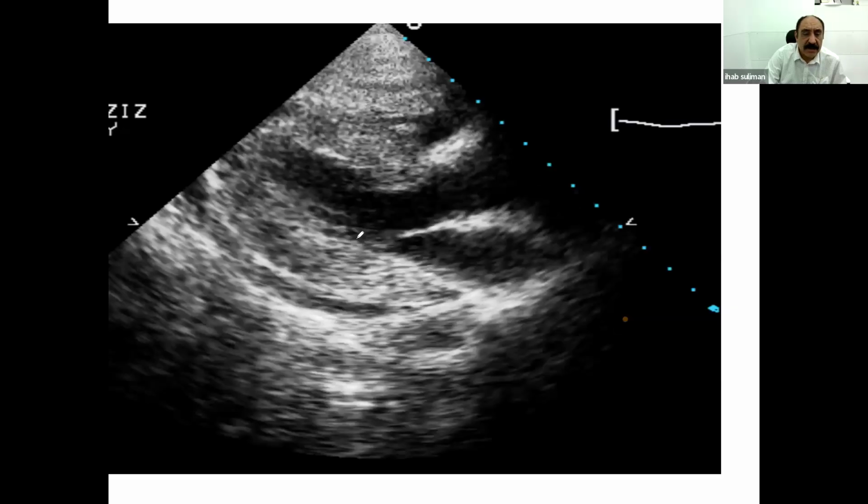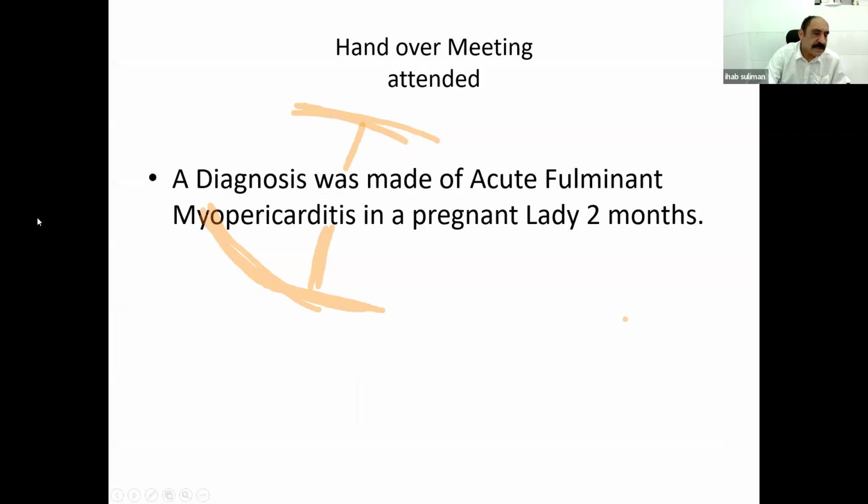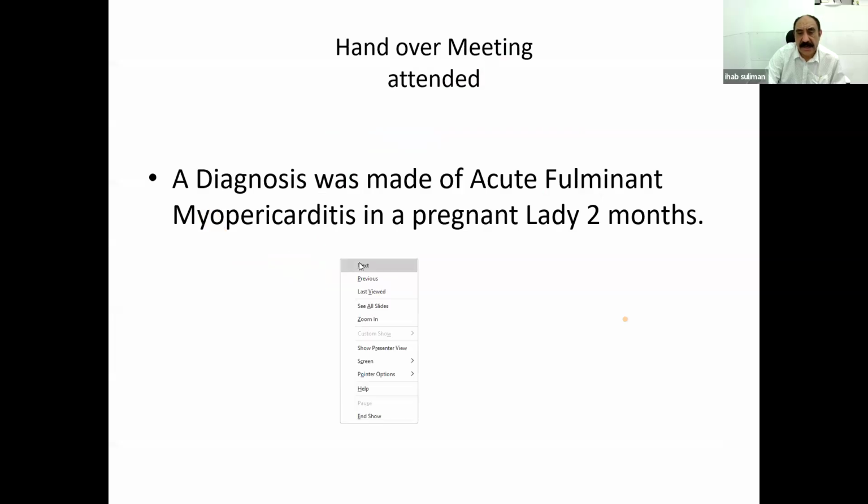This is her echo showing inflamed, thickened myocardium, and there is a small rim of pericardial effusion in a patient who has been pregnant for 2 months. So this is a patient with myopericarditis, and she recovered in a nice way.